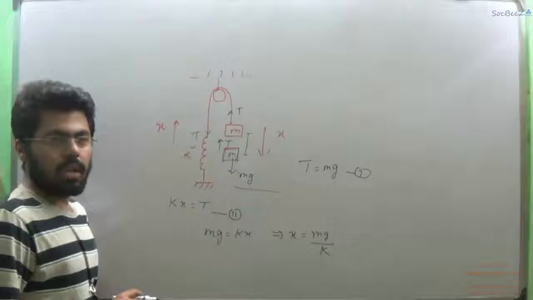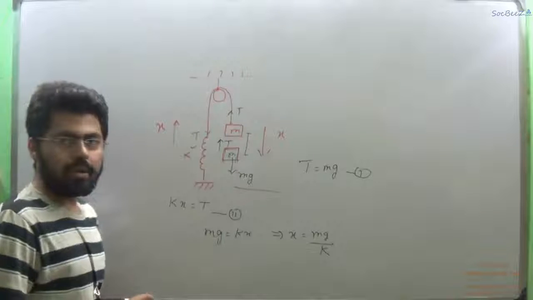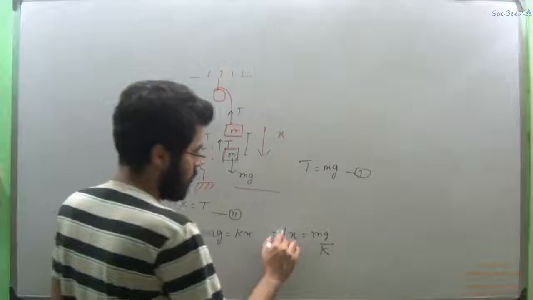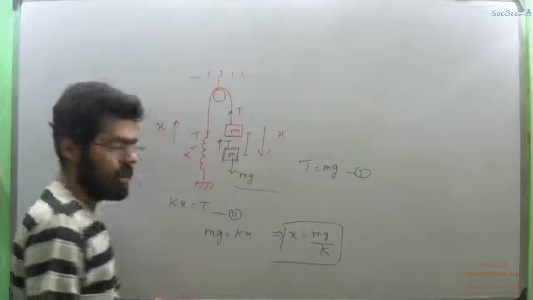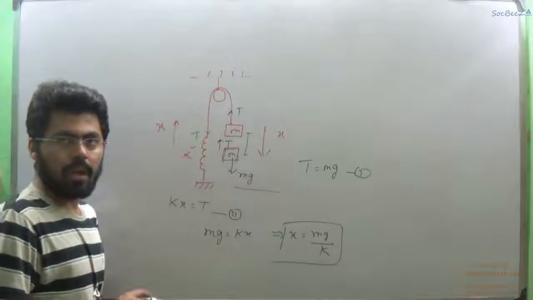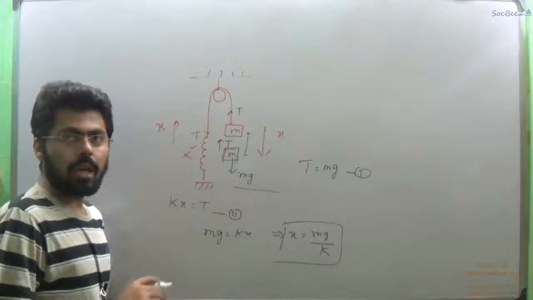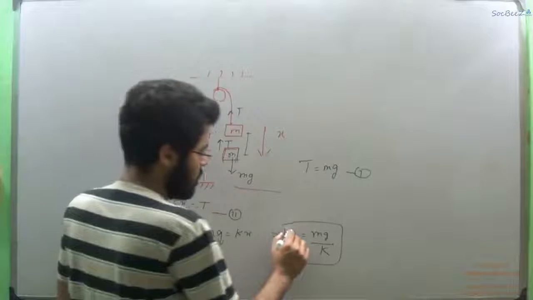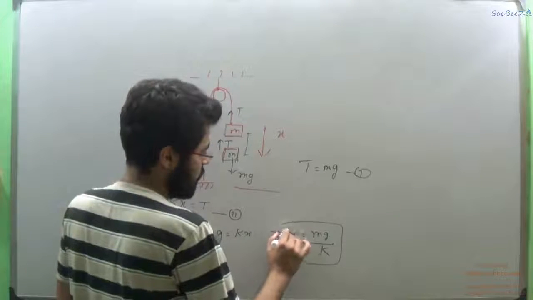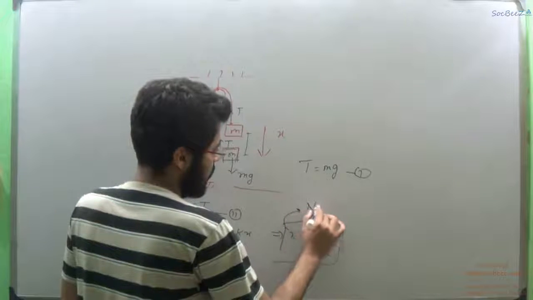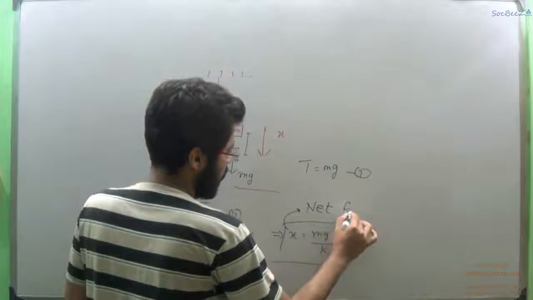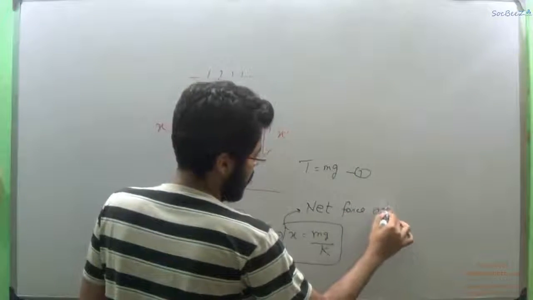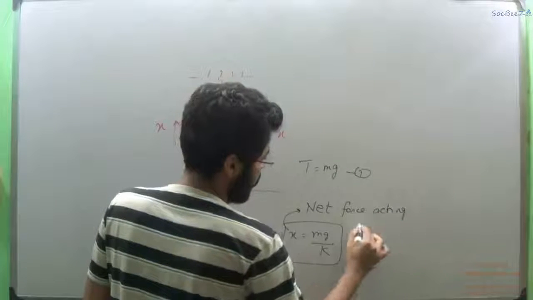Now most of us will just stop here and say that yeah, we have got the final value, x equal to mg by k. But is it correct? It's absolutely wrong. This is showing the position of x for which the net force acting on the block is 0.